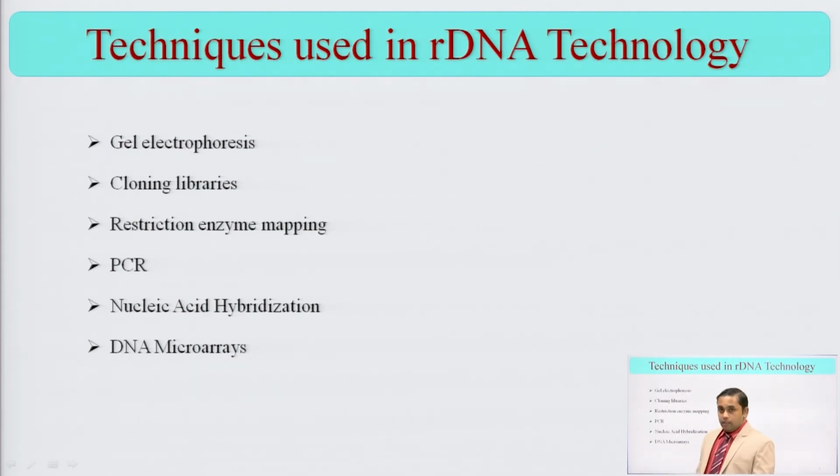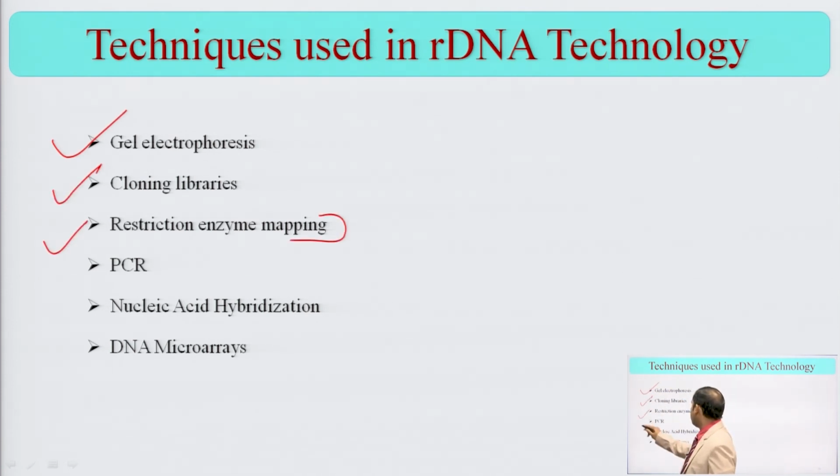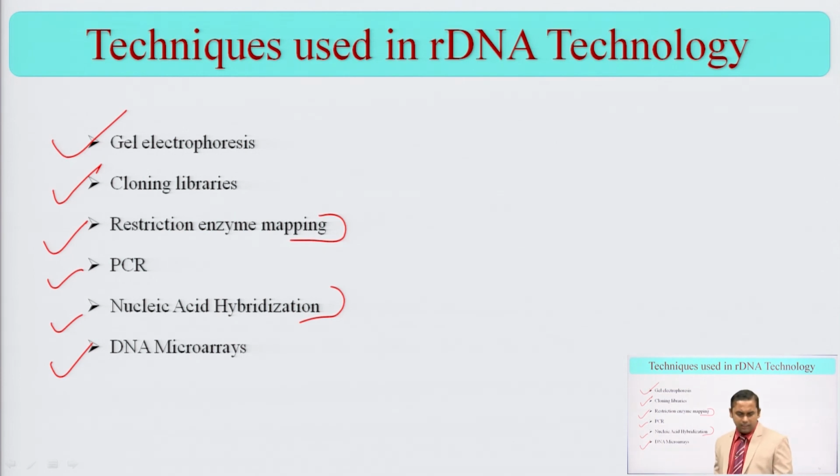Now, a few techniques we use very frequently in rDNA technology. First is gel electrophoresis, then cloning libraries, restriction enzyme mapping, PCR, nucleic acid hybridization, and DNA microarrays. I will tell you more in my upcoming lectures how and why we use these technologies.